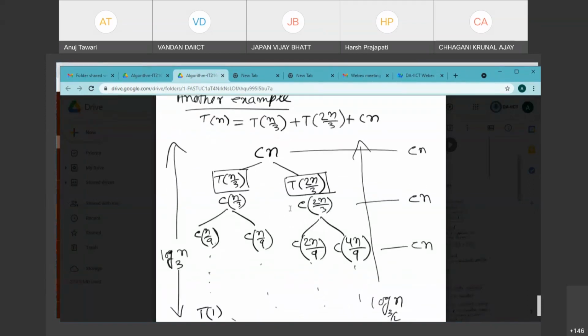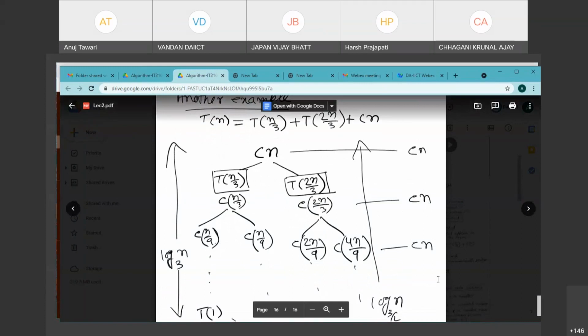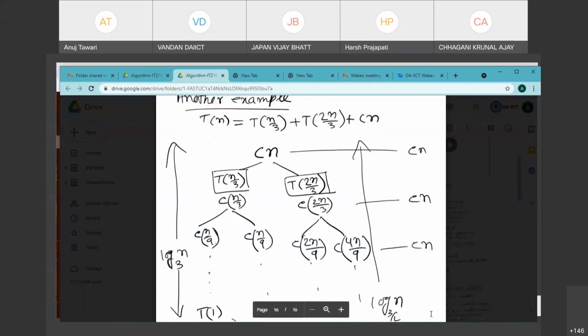And then you sum both these up, you will again get Cn. So this should be Cn/9, C2n/9, C2n/9, C4n/9. So if you sum up all these terms, you'll always get Cn. And how large is this tree going to grow?